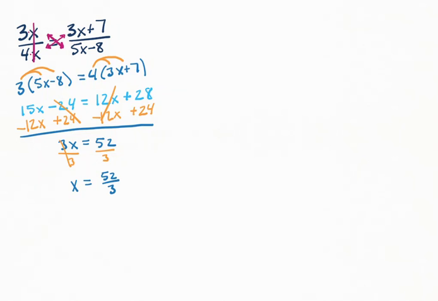If I type this in my calculator, I'll get an answer, but it will be a decimal answer, and it will actually be a repeating decimal. Whenever you divide by 3, if it doesn't come out evenly, you end up with a repeating decimal. So it's better to leave this as an improper fraction. In fact, we're going to say this is the best answer to solving this proportion.